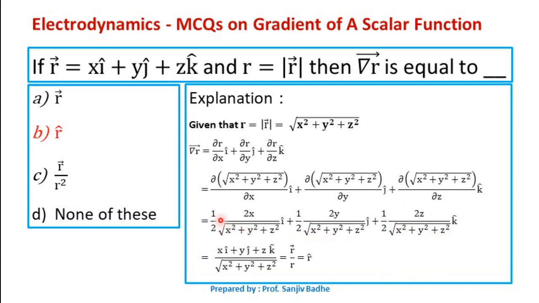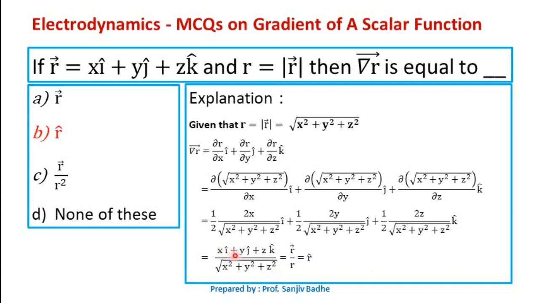And therefore, after cancelling this 2 with this 2, this 2 with this 2 and this 2 with this 2, we will get gradient of r as x i cap plus y j cap plus z k cap upon square root of x square plus y square plus z square.